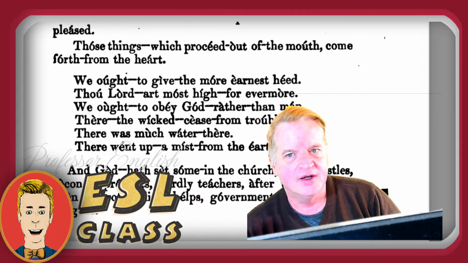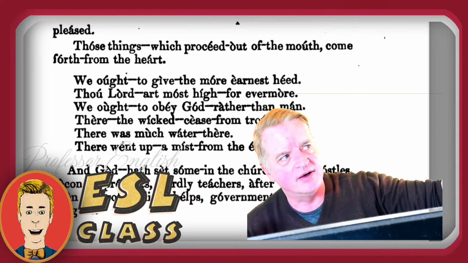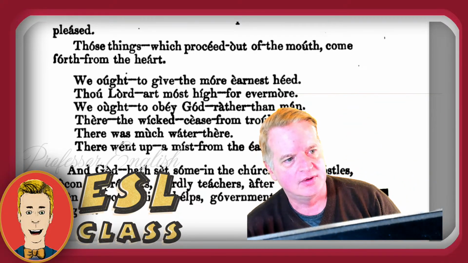Now in the first phrase, those things, do we have any important words? Those. Okay, so if we pronounce just the vowels, it would be o-e, o-e. Those things. Try to say that like that. Those things.